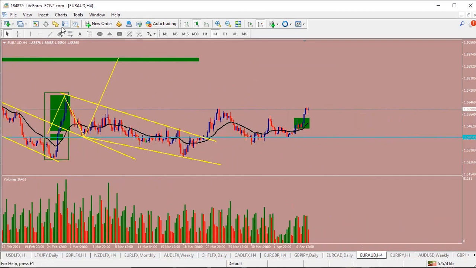Then they will tell you to come back to retest, that it is going to retest here. Then you buy, right? They are correct.